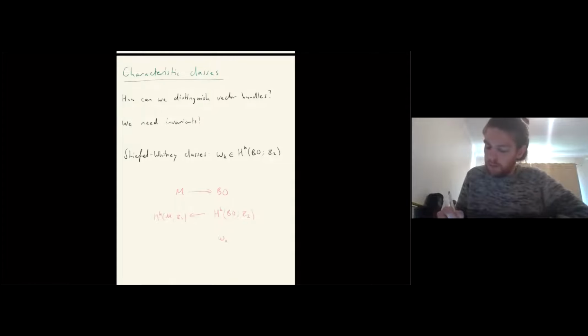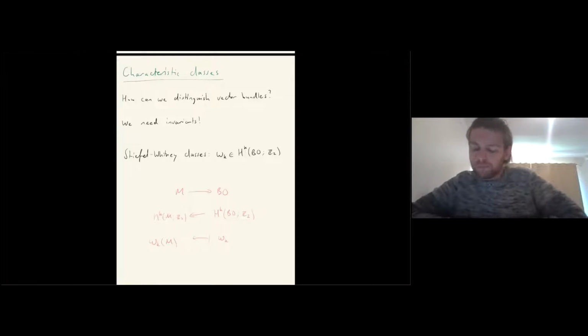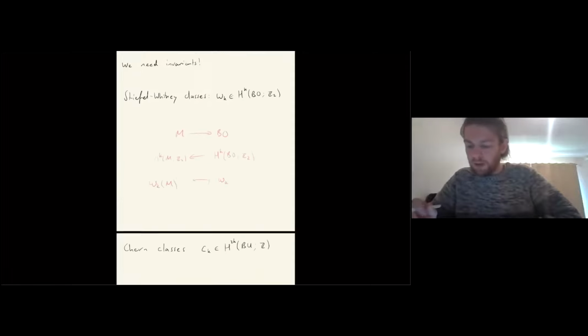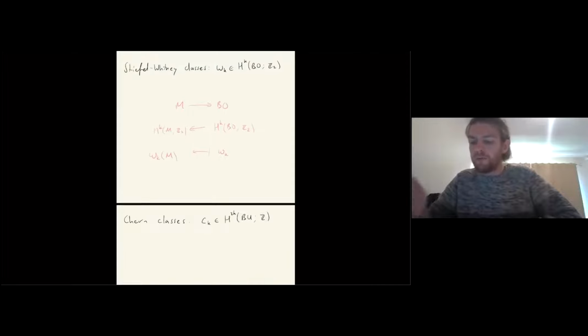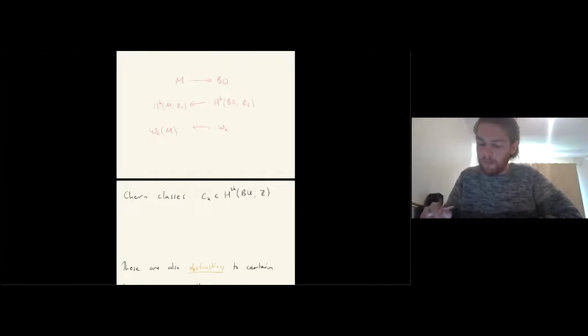These universal Stiefel-Whitney classes correspond to the Stiefel-Whitney classes of our manifold by pulling back via this classifying map. The details aren't so important, but there are these characteristic classes that you can get from this classifying map.